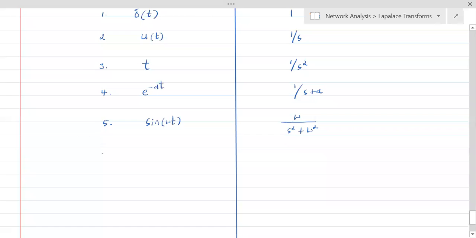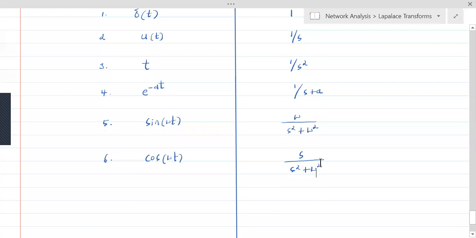I'll give you the list. If instead of sine omega t you are given cos omega t and asked to find the Laplace transform, in place of omega you will have s in the numerator and the denominator would be the same. You can derive and see that. So sine omega t is omega by s square plus omega square, but cos omega t is s by s square plus omega square.